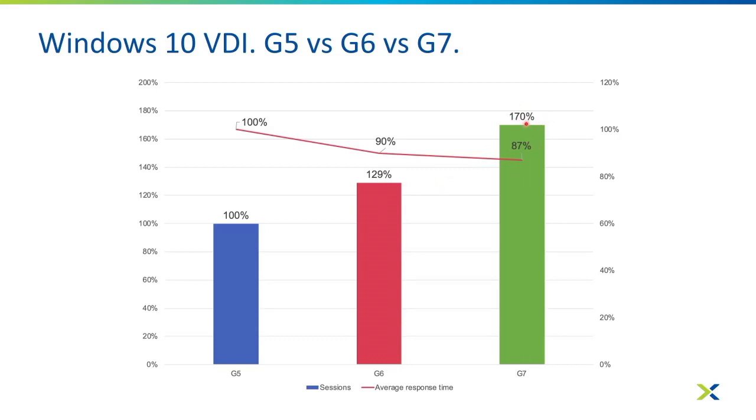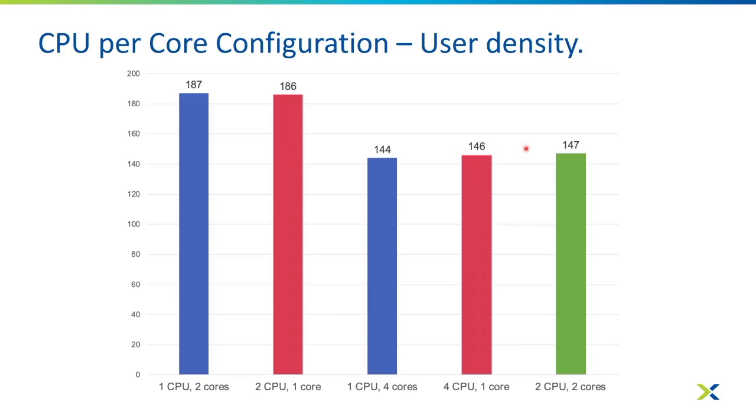So again, higher density on the newer nodes, and also the application response time. In this case, a lower number means better, so the applications are becoming more responsive on that more modern architecture. So if you're confronted with a situation, do I go with G6 or G7? In terms of performance, the G7 obviously is better, user density is higher, application response time is faster.